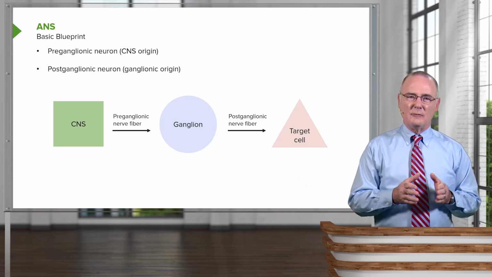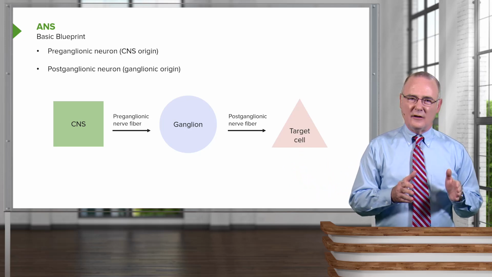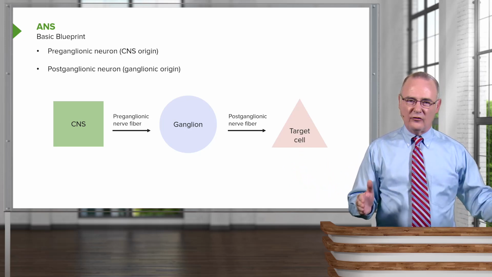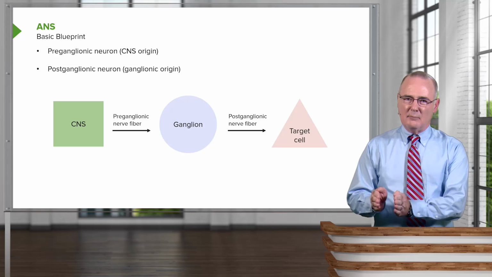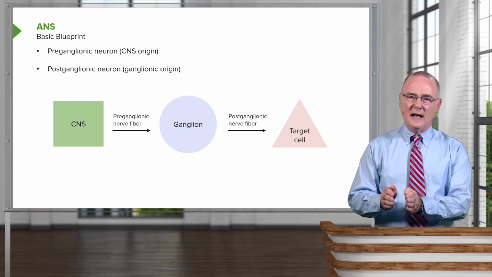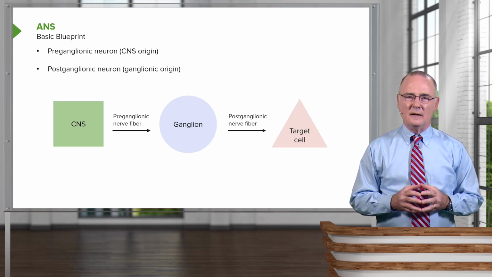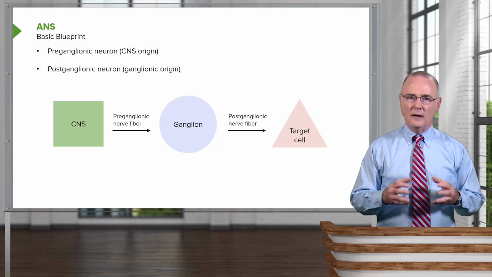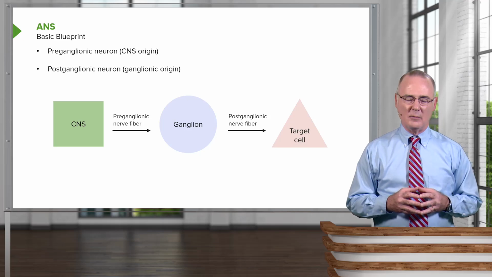However, in the parasympathetics, that is different. Preganglionic fibers are long, and in parasympathetics, the postganglionic fibers tend to be very, very short, as the ganglia are embedded, in many cases, in the wall of the structure innervated by the parasympathetics.